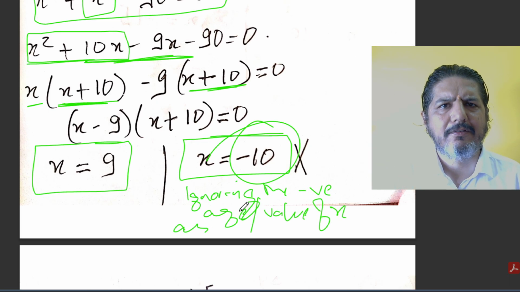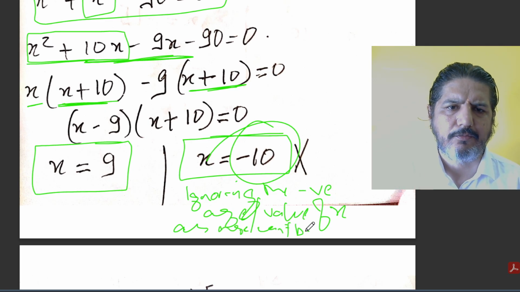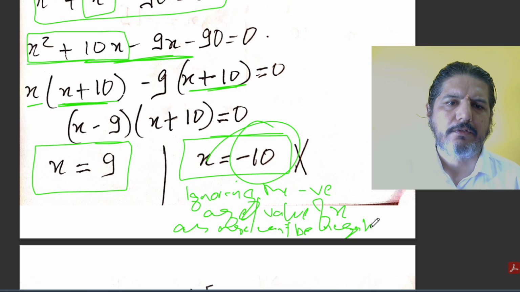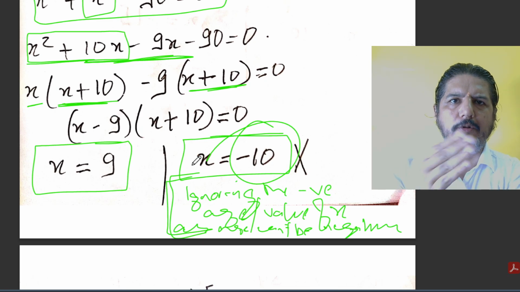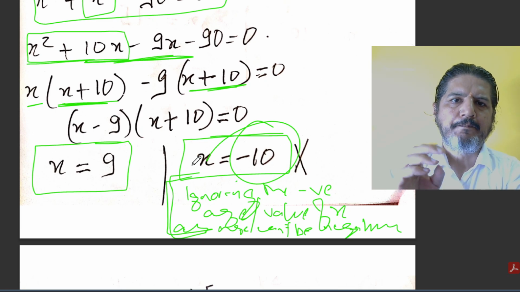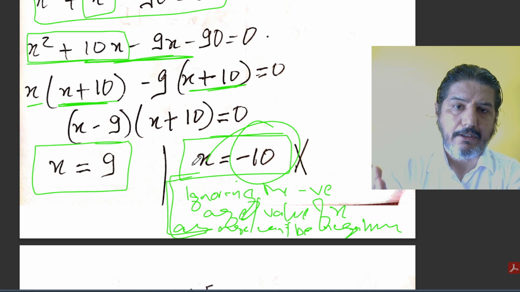You can write the reason also as age can't be negative, so that the examiner knows why you are ignoring this. You should always write this line, whatever value that you are ignoring, you should mention in the paper why you are ignoring it, so that the examiner understands that you understand how things are done.